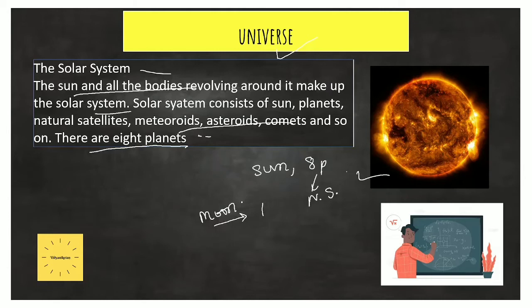It is made up of the sun and all the other celestial bodies like the planets, the natural satellites, the meteoroids, the asteroids and comets that revolve around the sun, and all these make up the solar system.